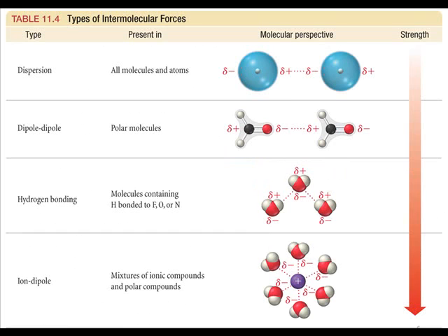Here's a general summary of them. Dispersion forces are present in all molecules and all atoms, and what it represents is a momentary unequal distribution of the electrons in the cloud. Because of this momentary unequal distribution, there's a momentary dipole.